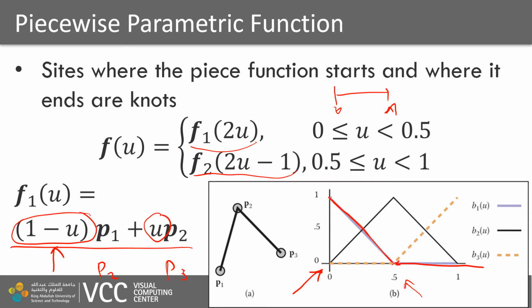And the second basis function is the function u. And then after 0.5, we again have two basis functions. Again, the B2 u, which is then 1 minus u, and then again a function u.